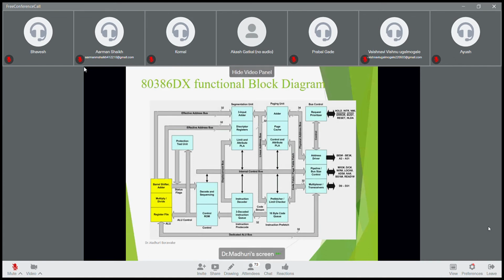Now the 386 block diagram consists of the central processing unit. Has everybody gone through the diagram, or shall I give some time to read it? Let me know.